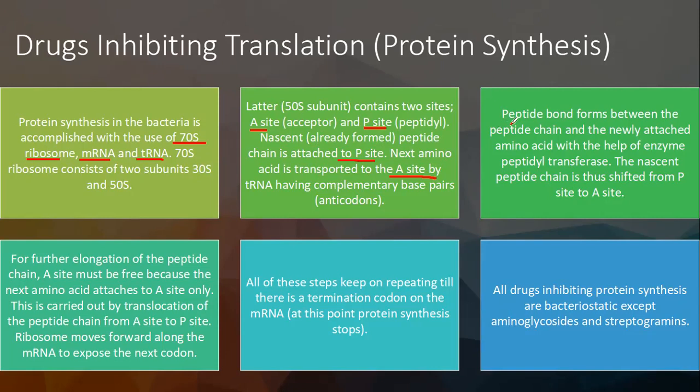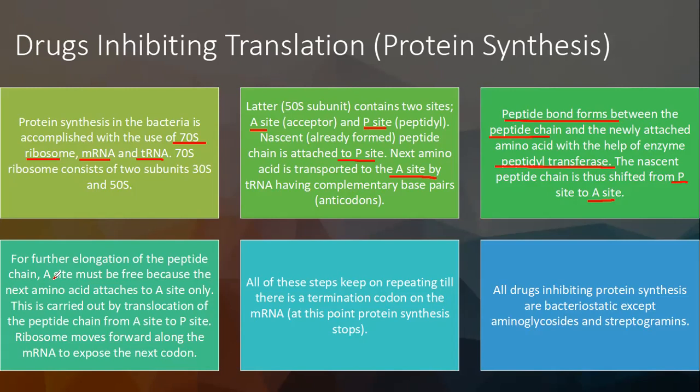Now, a peptide bond will form between the peptide chain at the P site and the newly attached amino acid at the A site, with the help of an enzyme, the peptidyl transferase. When this is done, the newly formed peptide chain will now be at the A site. Now, for further chain elongation, the A site must be free.